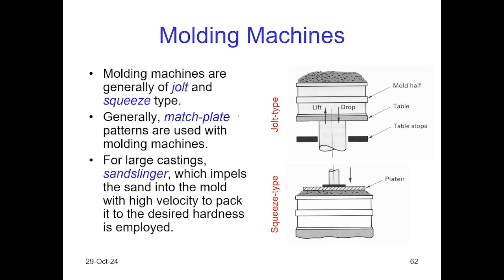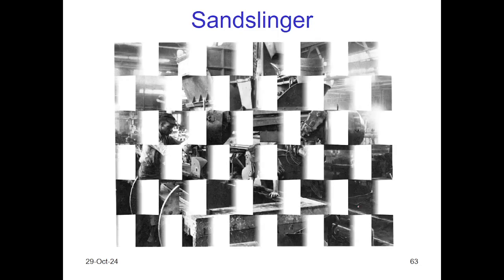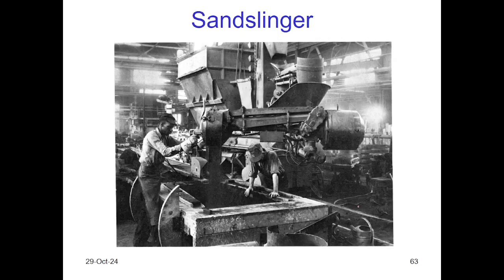Jolt type machines just lift and drop the flask, but squeeze type mold machines slowly and continuously apply the squeezing force using a press. A machine, the sand slinger, it is called.